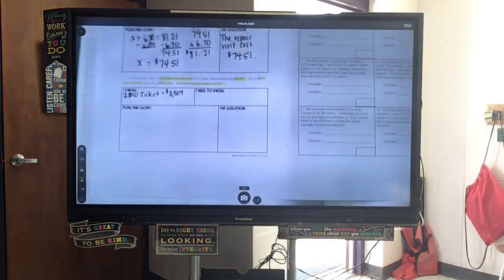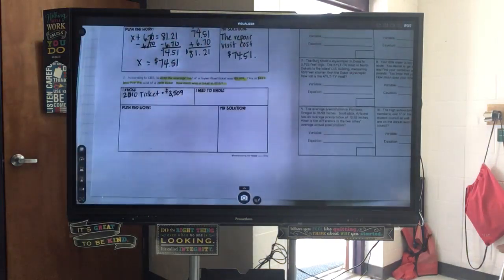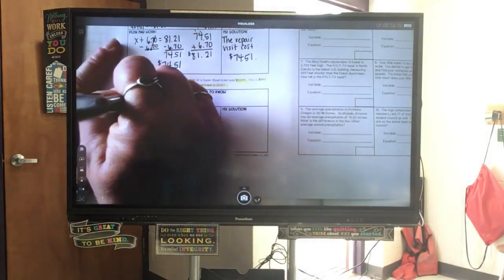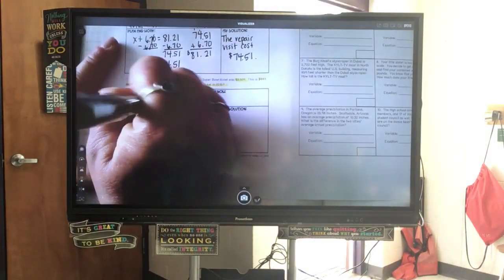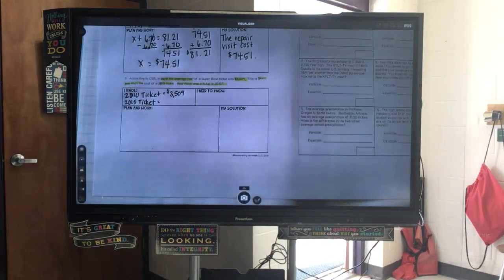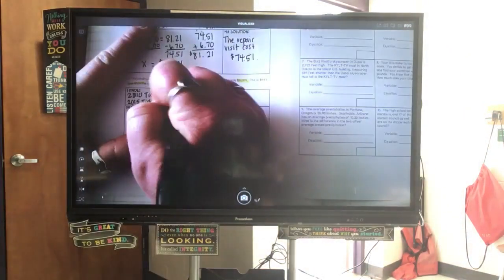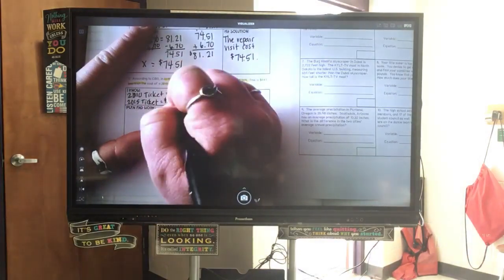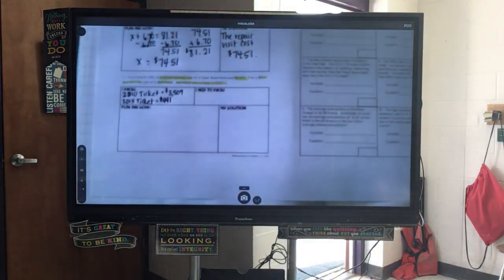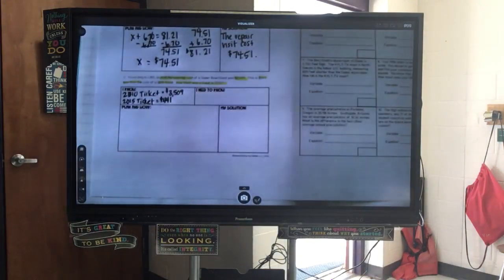Alright, so 3,509. Alright, what do we know about our 2015 ticket? Delilah. It was $441 less than 2010. So the 2015 was less than, or?